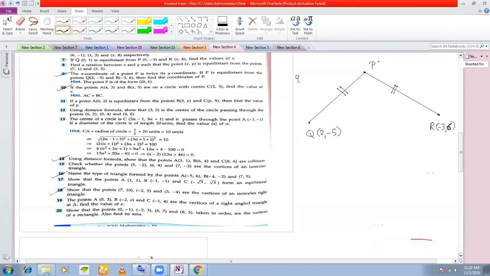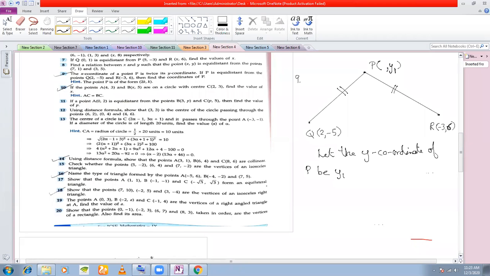And the point P is such that, in the first sentence, it is given the x coordinate is twice its y coordinate. So I say, let the y coordinate of P be, say, y1. You can take y also, no problem.